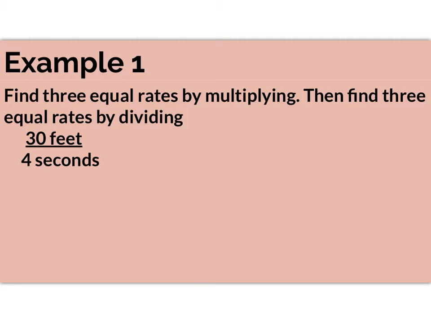Let's divide. If I divide 30 by 4, I get 7, 7 times 4 is 28, with a remainder of 2. I get 7 and 2/4. But then I had to reduce this fraction by dividing by 2 over 2, because 2 and 4 are even.